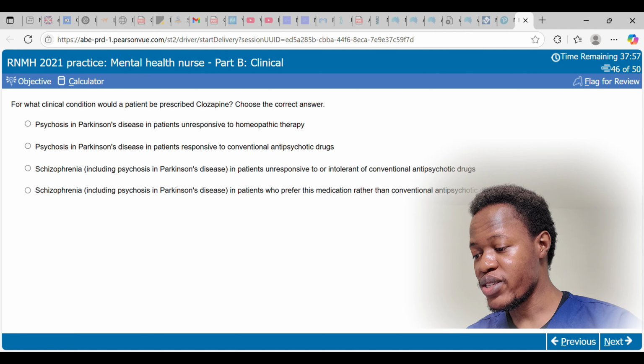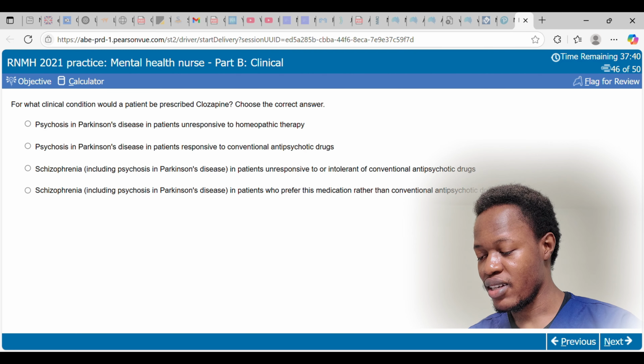Okay, so for what clinical condition would a patient be on clozapine? Choose the correct answer. A says psychosis in Parkinson's disease in patients unresponsive to homeopathic therapy.